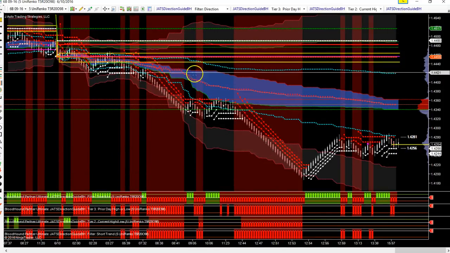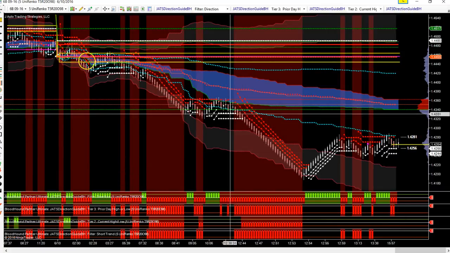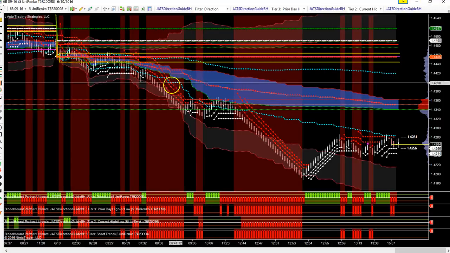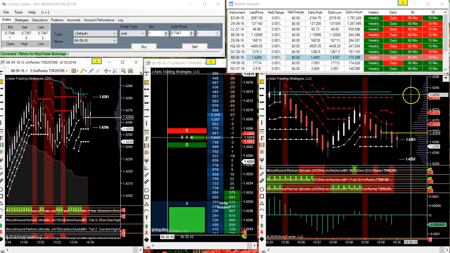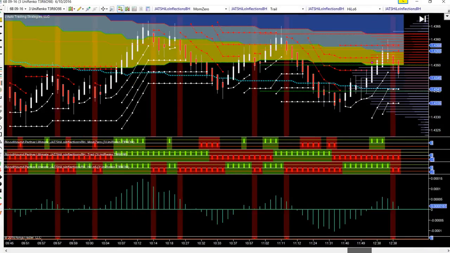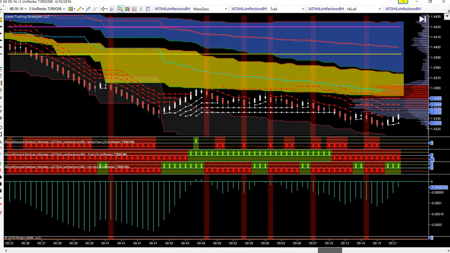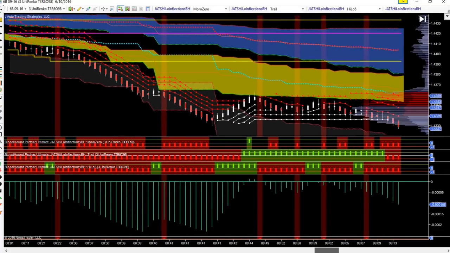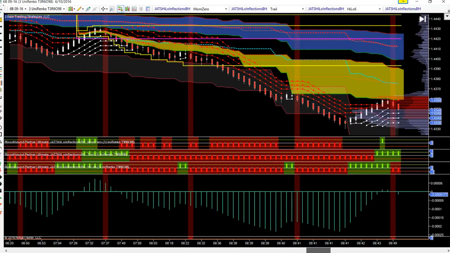And it's continuing to sell off. So you can drill down inside this on your smaller time frame to time the entry locations to get short.